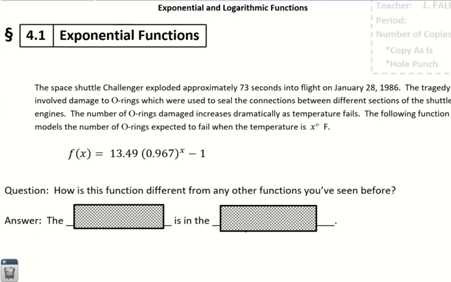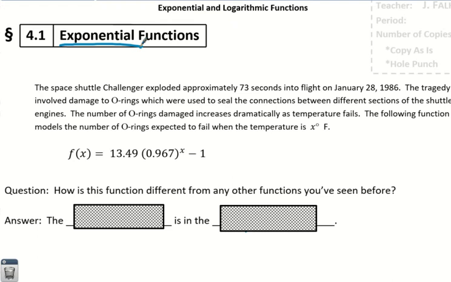And so 4.1 is about exponential functions. An exponential function makes me think of exponential growth. All right, so as opposed to, say, linear growth.